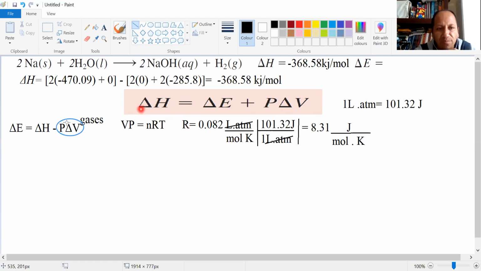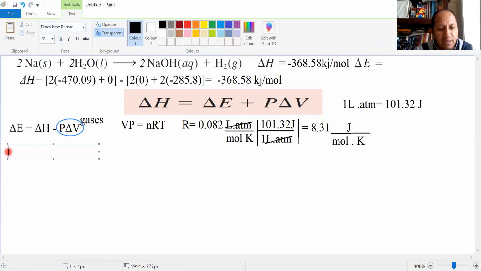So now let's change this equation again. My new one is going to be: energy equals delta H, which I already have calculated, minus, in this case, instead of PV, nRT.